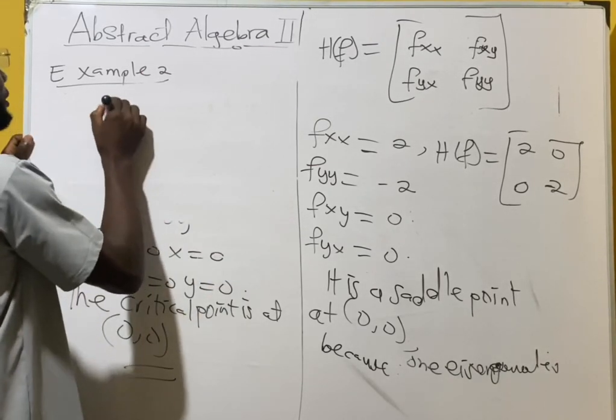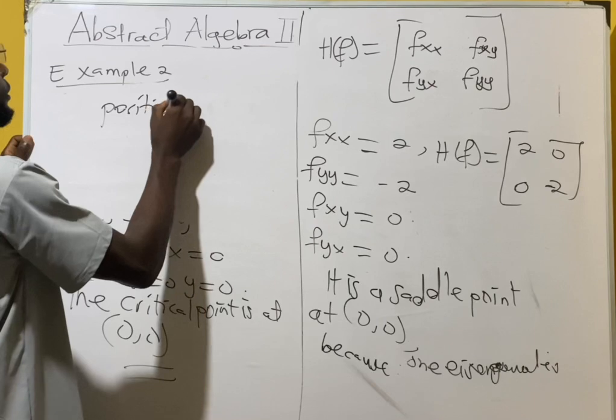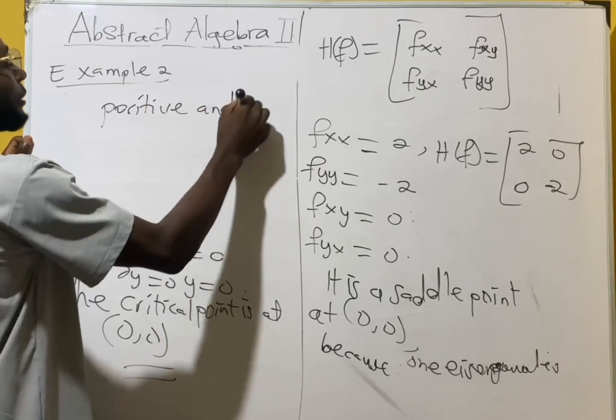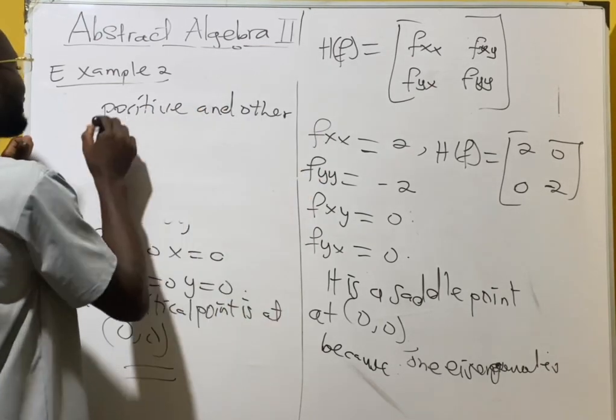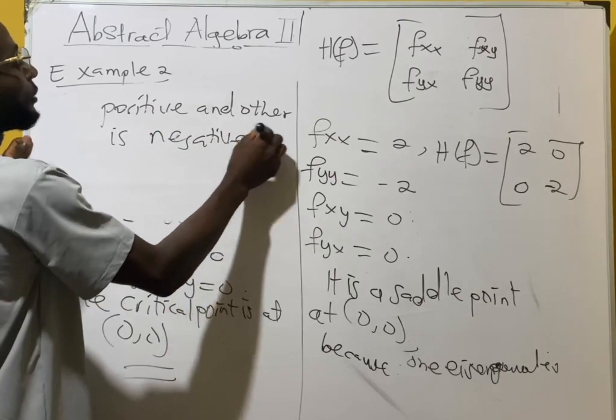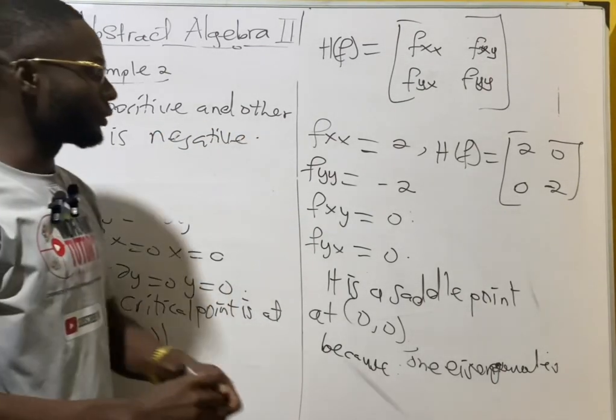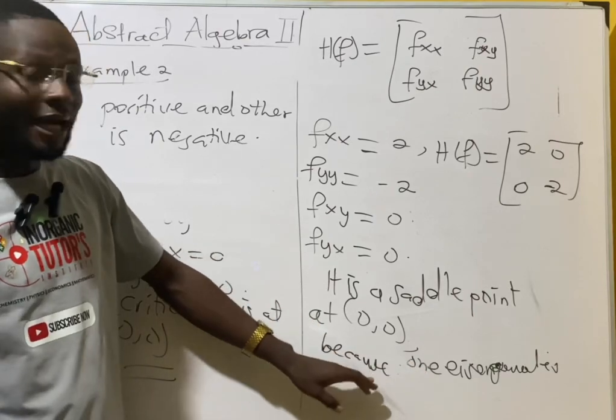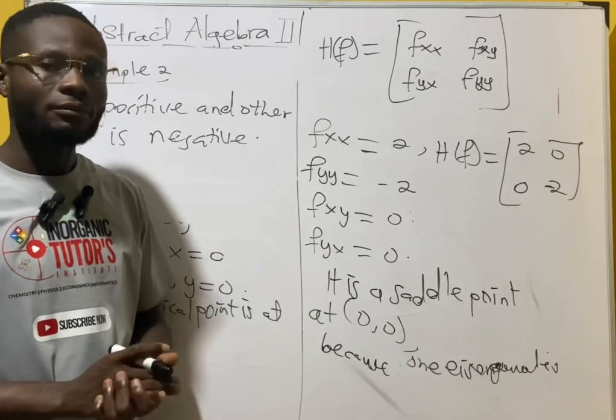One is positive and the other is negative. So that is why this is a saddle point.